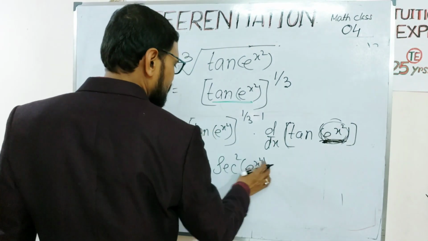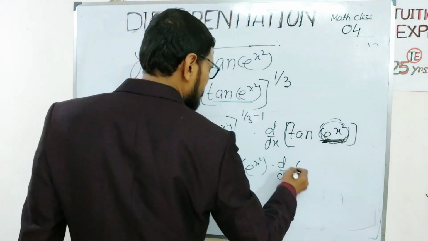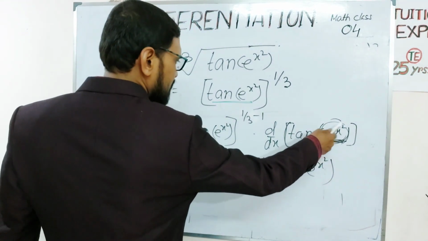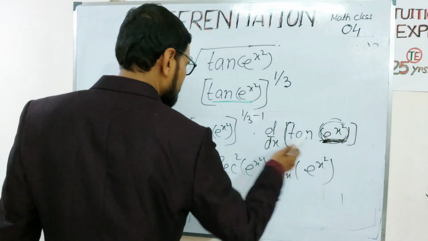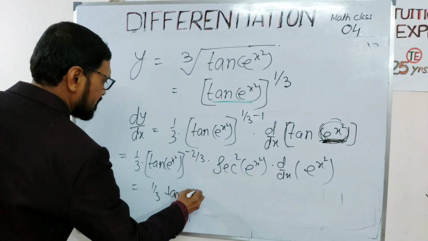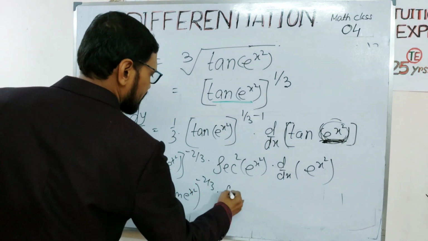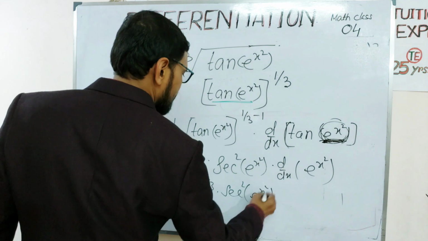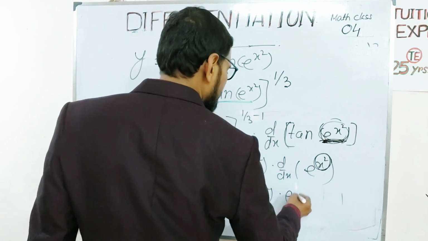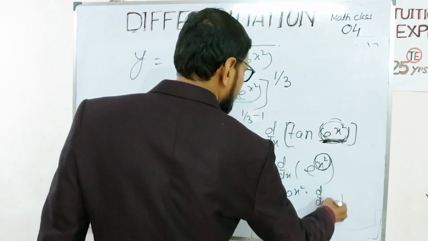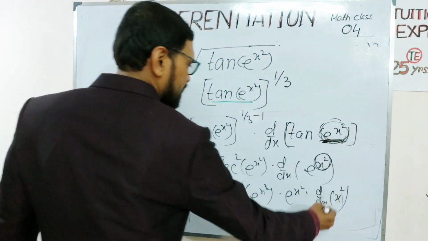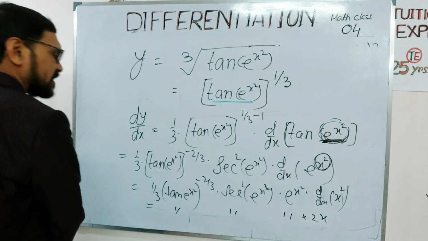Now you have to differentiate this term, so next you differentiate this. Now dy by dx of this: you take this as x, so e to the power x into dy by dx of x square. And the derivative of x square is 2x. This was the final answer.